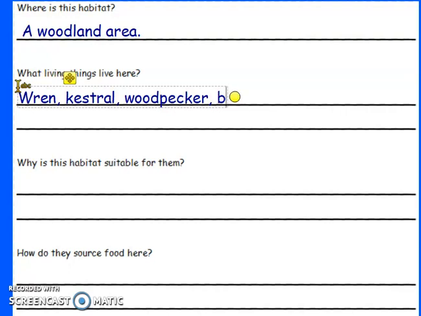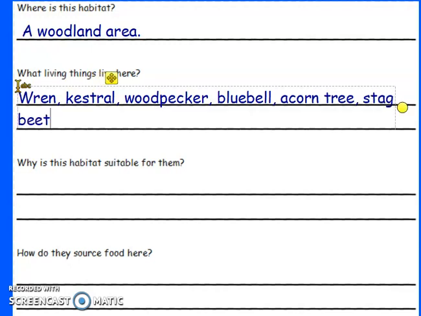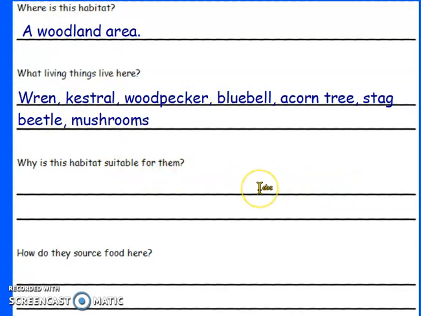These are some of the living things that I saw. There's an acorn tree. I think it was a stag beetle. Mushrooms, wild mushrooms.